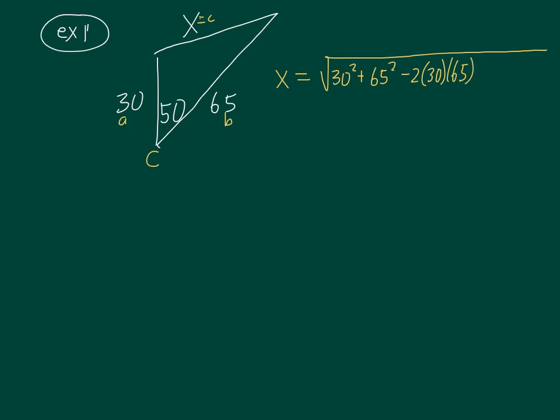Every year I see kids make the classic rookie mistake of putting a sine in there instead of a cosine. So be careful. Make sure you're putting cosine of 50. Now, you do not have to waste your time writing out what 30 squared is, and what 65 squared is, and everything else. You could simply jump right to the answer.